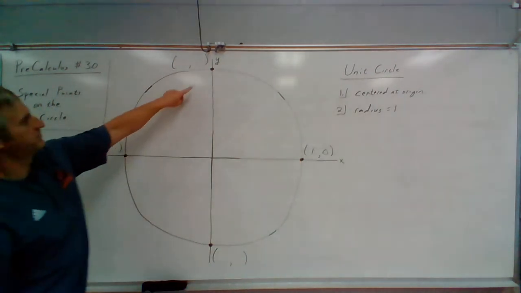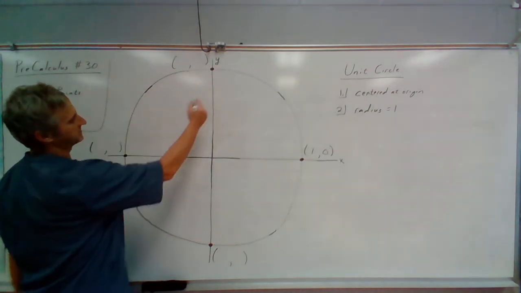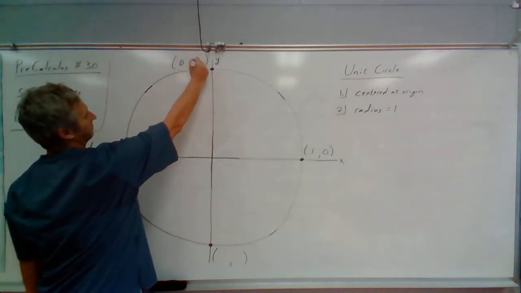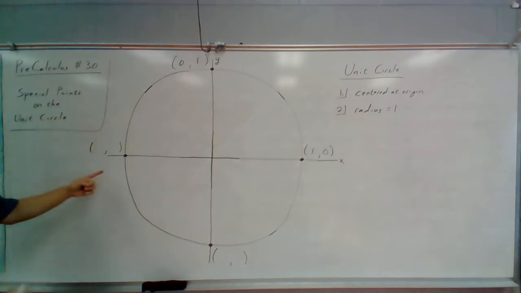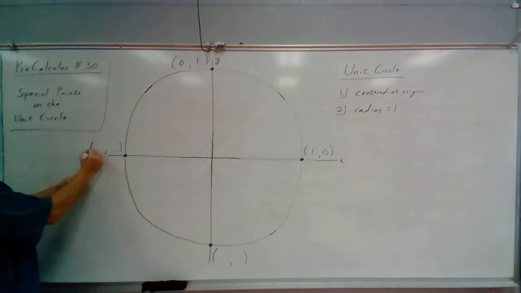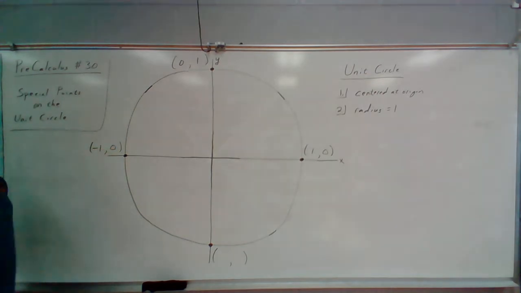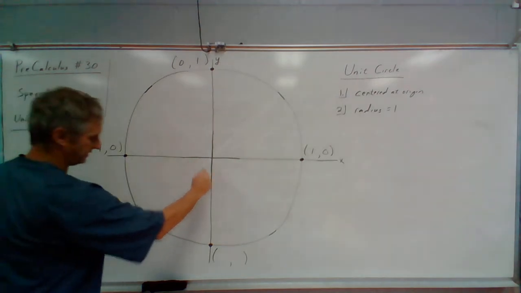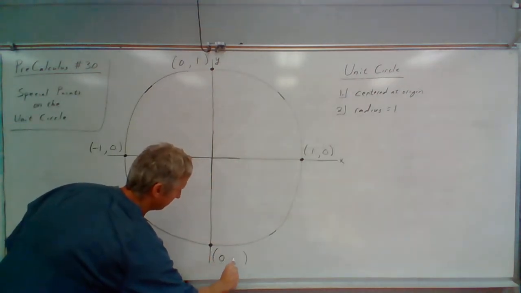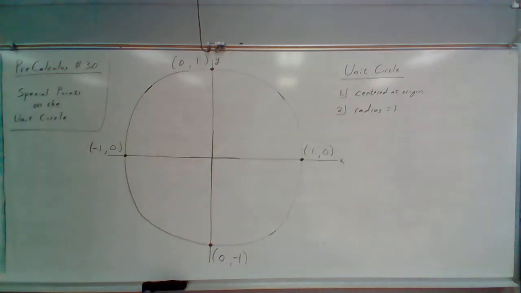Okay, what about this point? Well, obviously this point is (0, 1). This point is (-1, 0). And this point would be (0, -1). So 4 really easy points that we can find right off the bat.